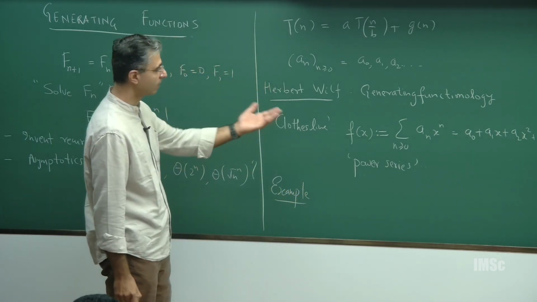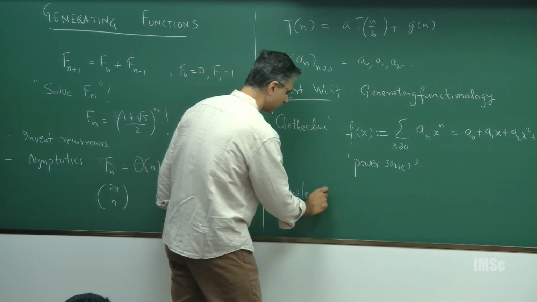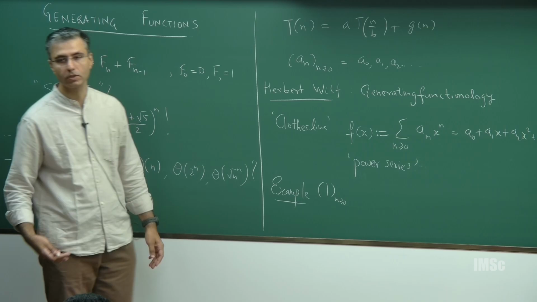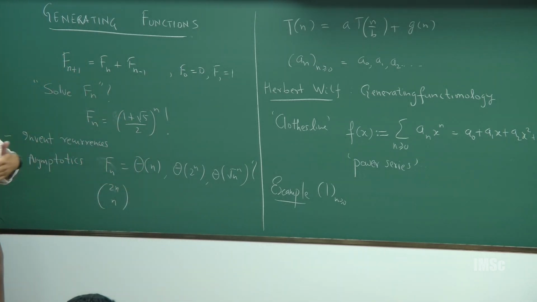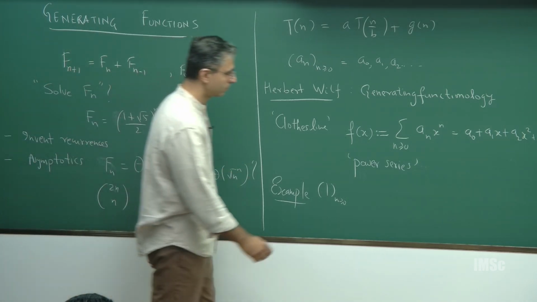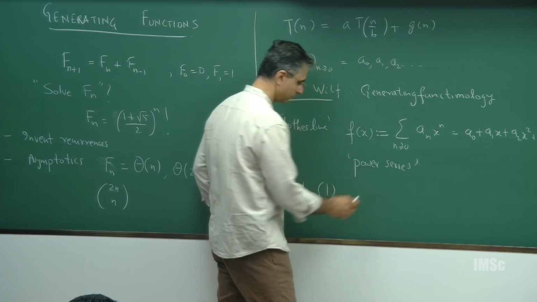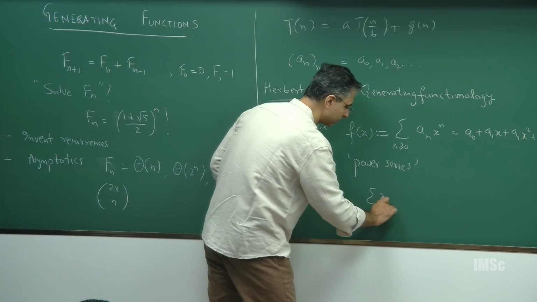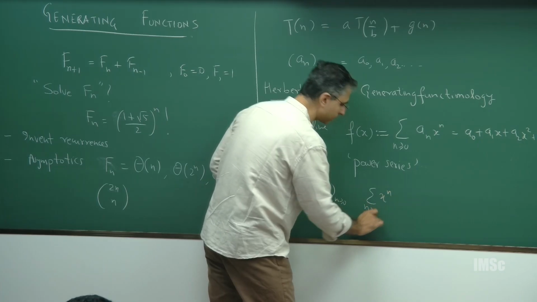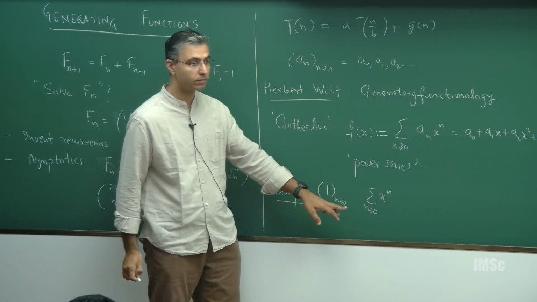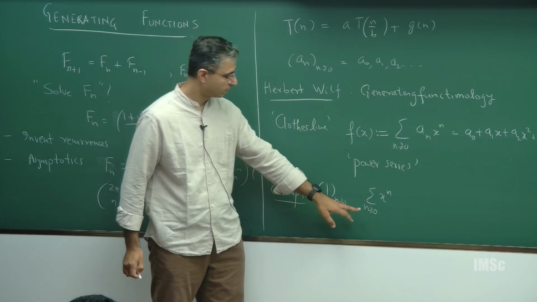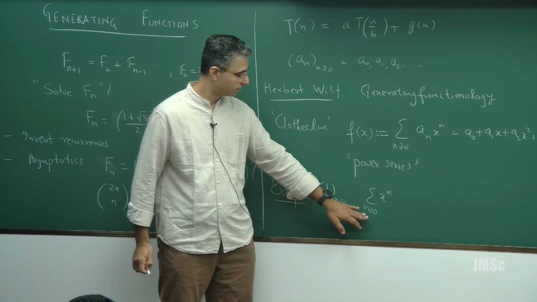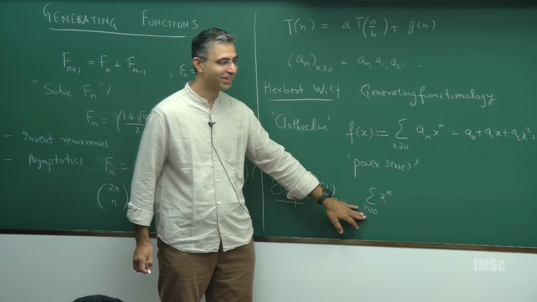So, if the sequence is just the sequence of all ones, what is the generating function associated with the sequence? It is just a_n, they are all ones. So, the summation of x raised to n, n greater than or equal to 0.